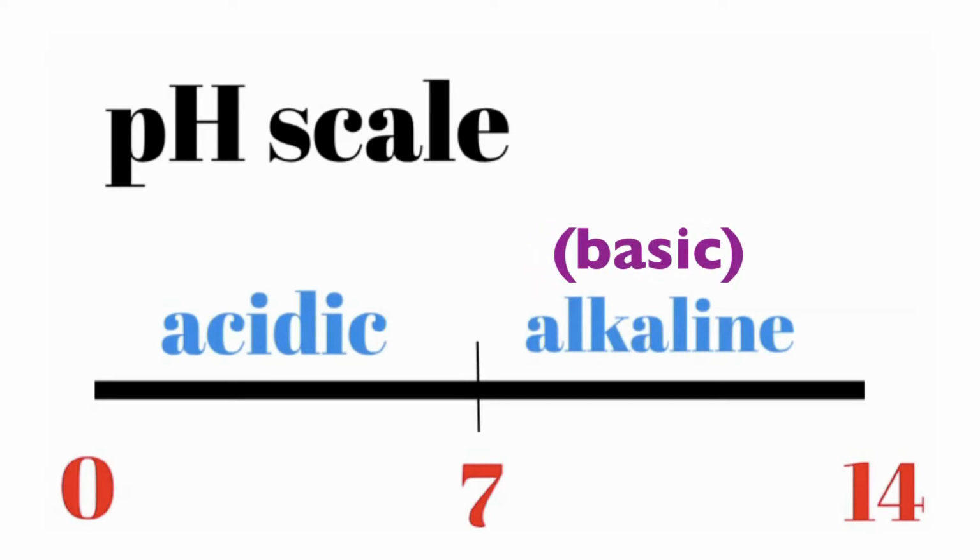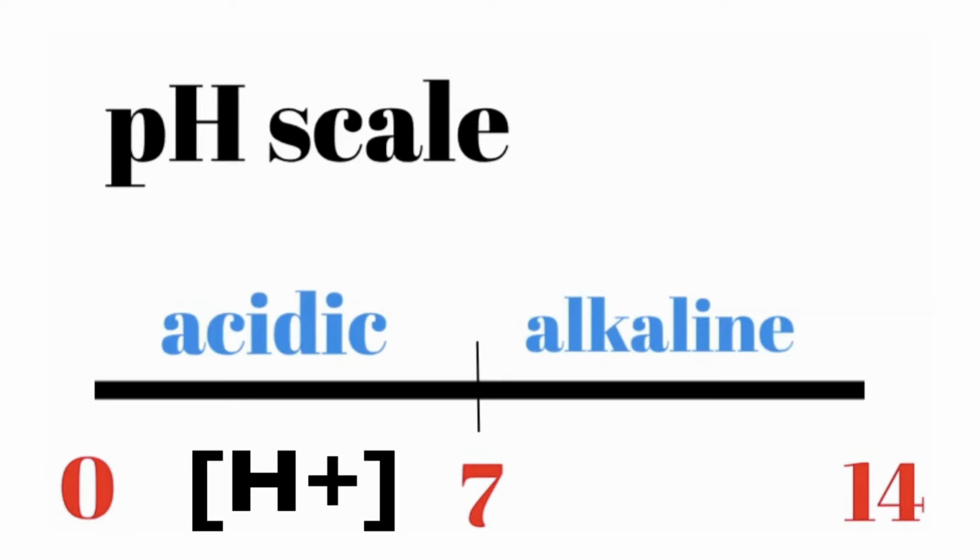The smaller the number, the more acidic it is. So a pH of 1 is much more acidic than a pH of 3. As a matter of fact, it's 100 times more acidic. To say pH is decreasing is suggesting that the hydrogen ion concentration is increasing.